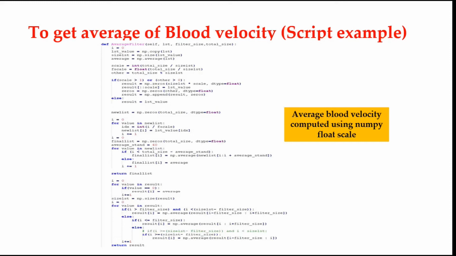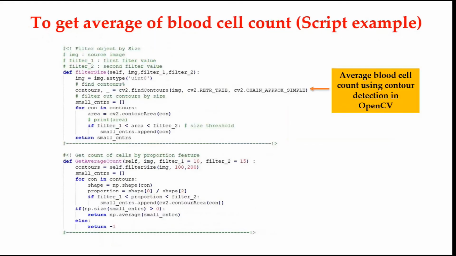Also, based on the color of the background, like moving objects on a white and black background, it is easier to use RGB. But if you have different colors or a different pixel ratio, then definitely you have to check accordingly. And this is the script to get the average blood flow velocity.